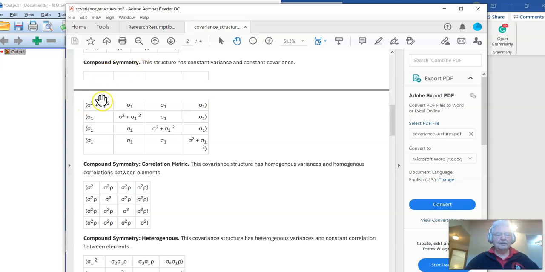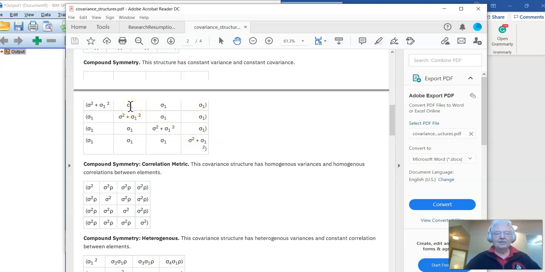And then the next, I would say, level in our search is compound symmetry. And in compound symmetry, notice the variances, we have our general variance and we have this other little additional variance that's added in there. And those are all the same. And notice that 1 is down here as a 1. So here, all the covariances are equal.